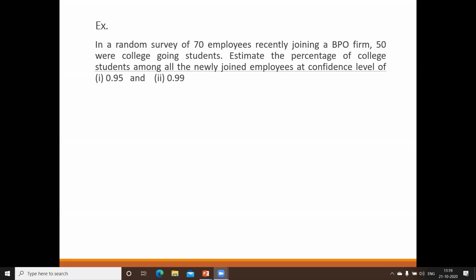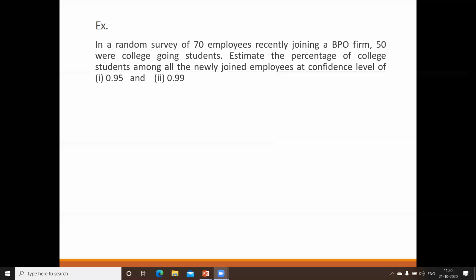And whether you are using 2.58 or 2.575, please let me know. Okay, 2.58. Right, fine. Okay, the answer is right. Saurabh, both the answers are right. I hope the others have also done it.